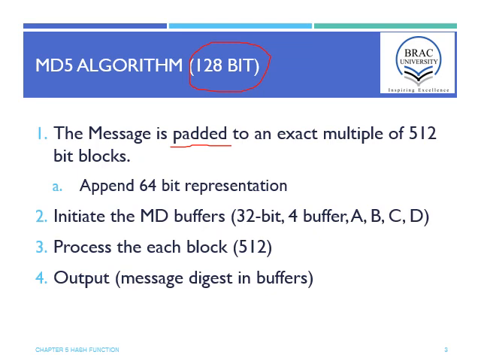Padding means, suppose I have a 100-bit input, but I need to make it a multiple of 128. So what I have to do is add 28 bits, so that the input won't change, but the size becomes 128-bit.